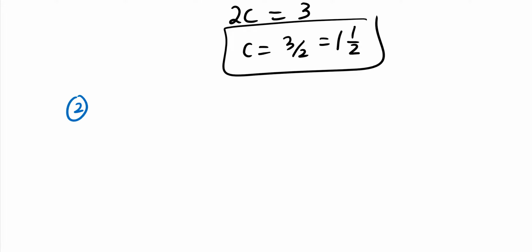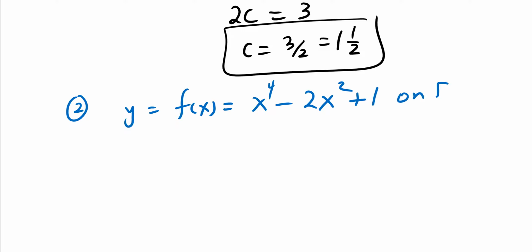Let's look at another example. Y equals f of x equals x to the 4th minus 2x squared plus 1 on the interval -2 to 2. Let's see what happens. Same thing here.